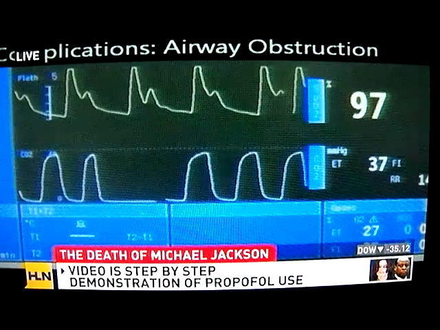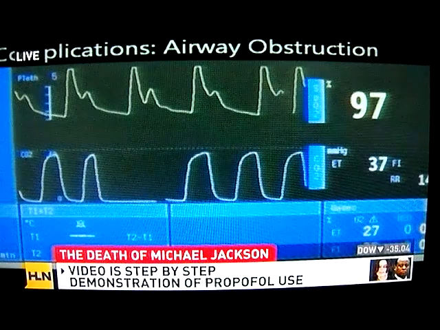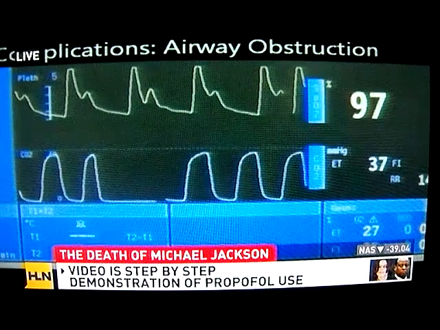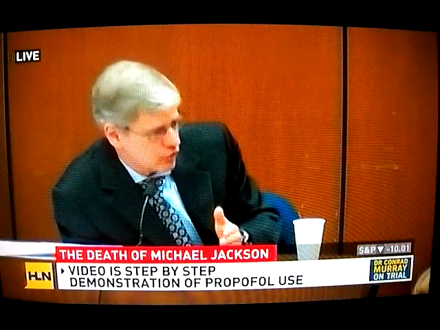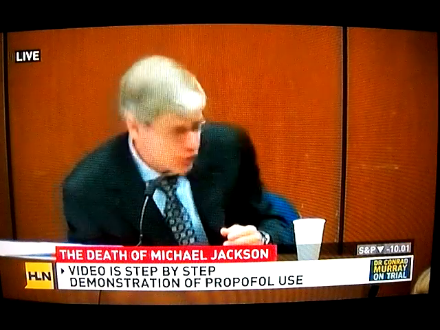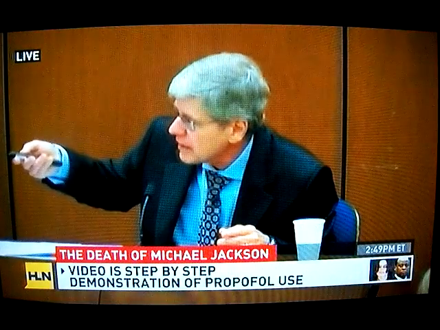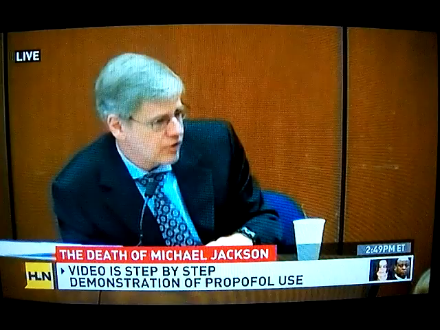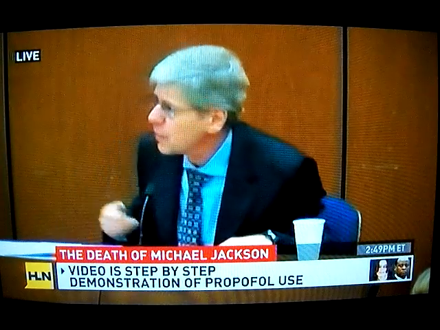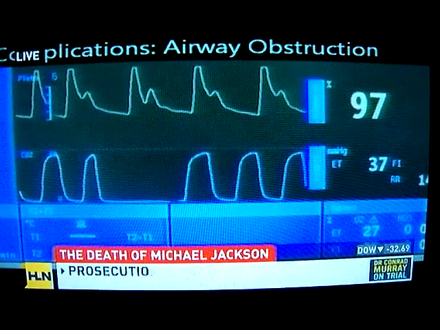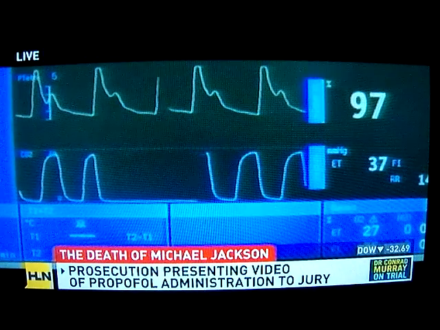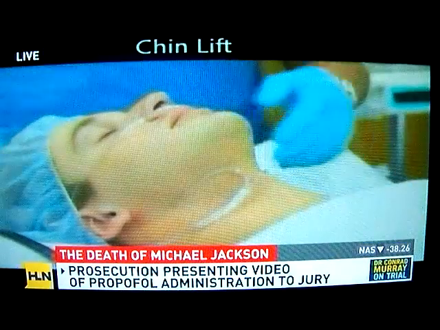What happened to the carbon dioxide? The airway is obstructed. And when you have this monitor on the patient, you can see that the airway is obstructed immediately. So the airway is obstructed here, and within a matter of seconds, it's clear to the anesthesiologist that the airway is obstructed. So this shows up here, obstructed airway.